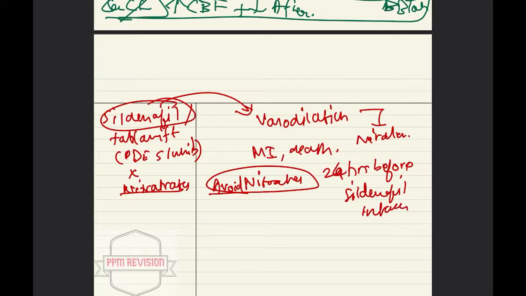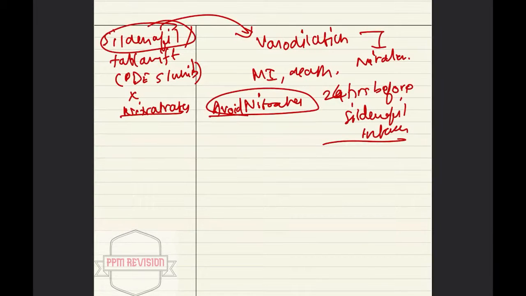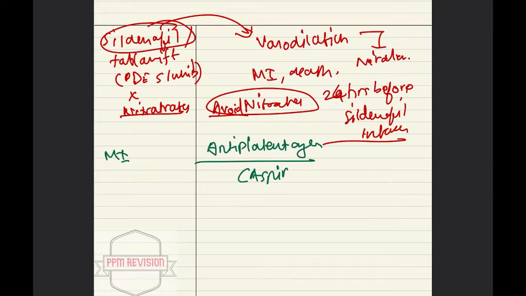Now moving ahead with myocardial infarction. This is MI, and how do you treat it? For treating it, you can use antiplatelet agents, preferably aspirin, and in case you are allergic to aspirin, you can use clopidogrel. You can use analgesia as well, preferably morphine.